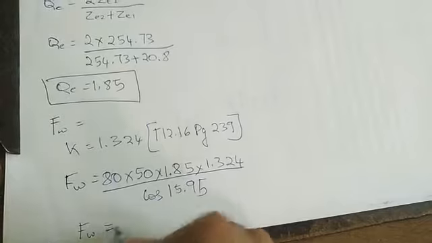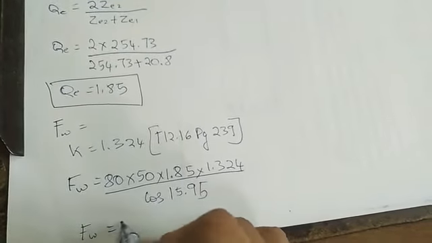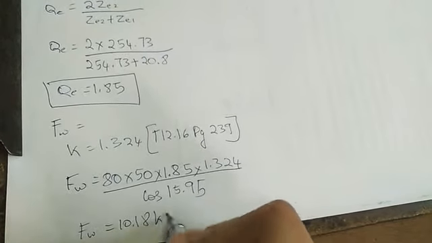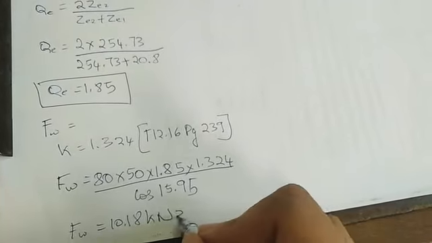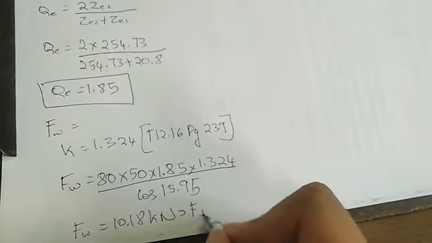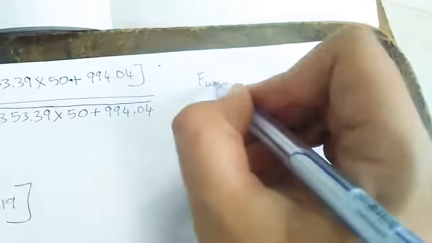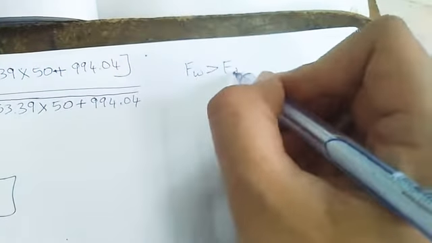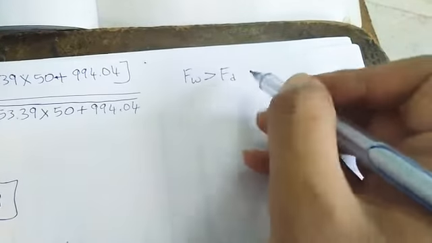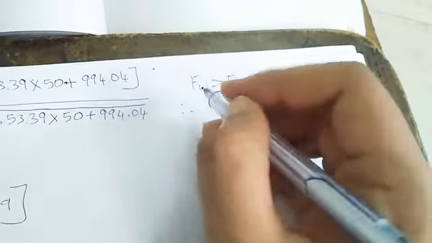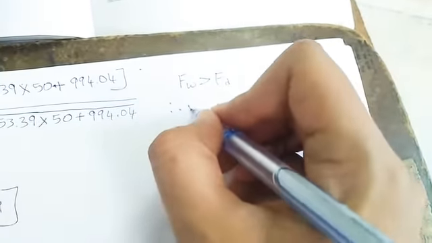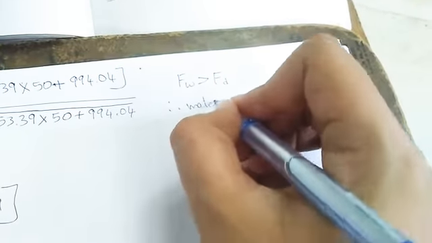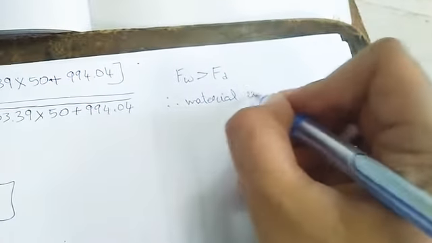So wear load FW, I get the value as 10.18 kilonewton. It is greater than FD. Wear load is greater than dynamic load, therefore the design is safe. The material is safe against wear.